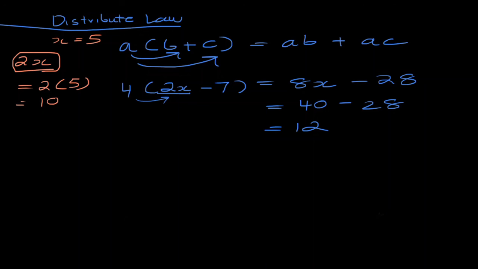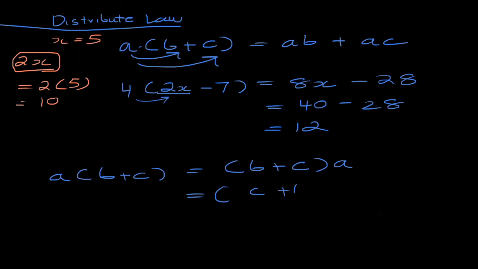And keep in mind, this can be combined with the associative law. So the associative law means you can swap multiplication. So this right here is a multiplication, right? So it's this A times B plus C is the exact same as writing B plus C times A. We can take this another step further. This is also the same as writing C plus B times A because these can swap.